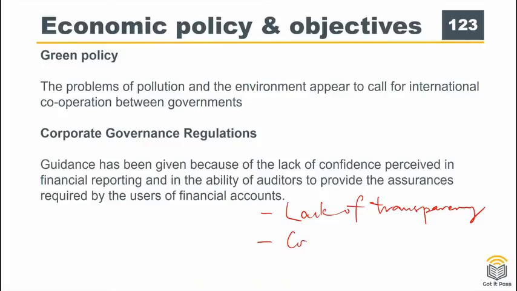And corporate governance. Say, hey, because of some ethical issues or a lot of accounts, the numbers are not truly reflected, even though they are audited, because the auditing standard cannot meet the international standard, for example.